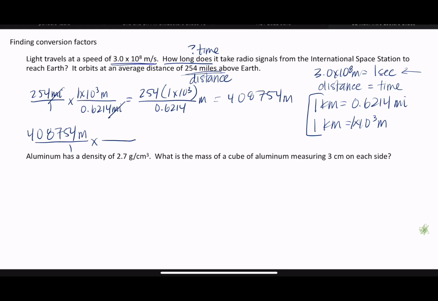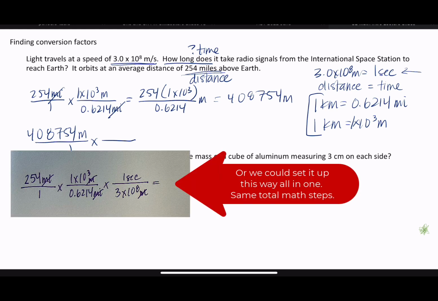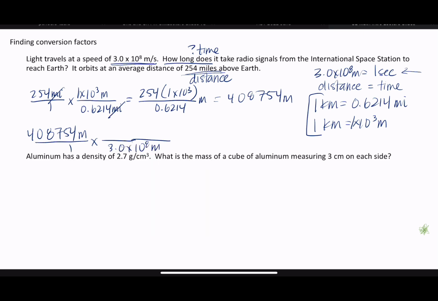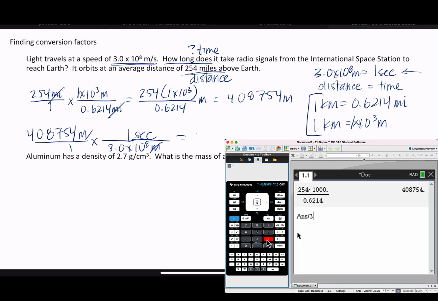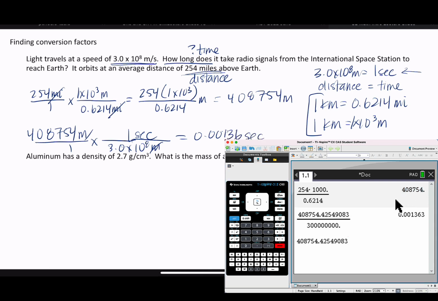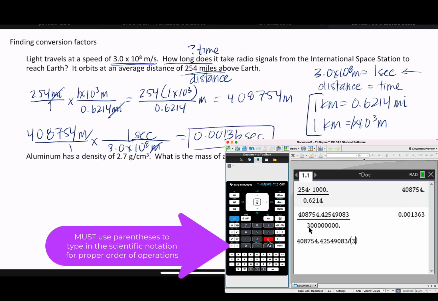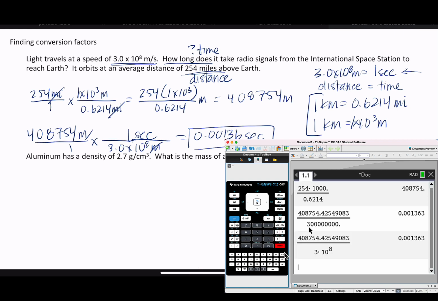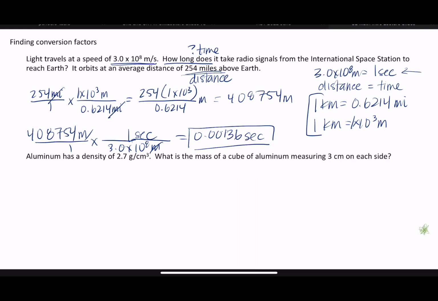Now I can use my conversion factor of 3 times 10 to the 8th meters equal to 1 second, and those cancel, and that gives us this many seconds. So incredibly fast, right? Which makes sense because that's not very far from Earth.